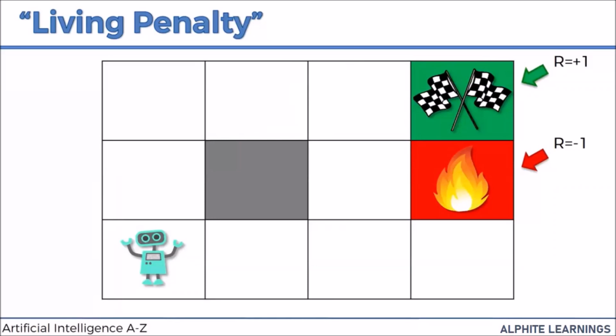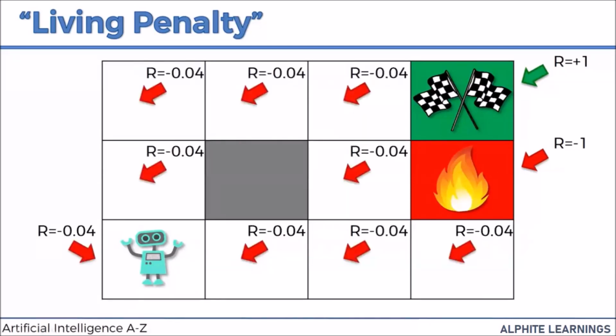Consider that the agent is here, and when it goes to this cell it gets a penalty of -0.04, then this, and then it will go here. So it won't take the longest path. It will try to figure out which is the fastest.